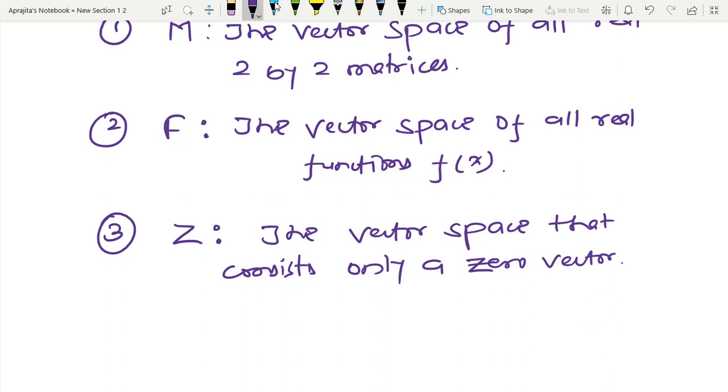In the second case, I can multiply that number with a function, or the same number I can multiply with the 0 vector.